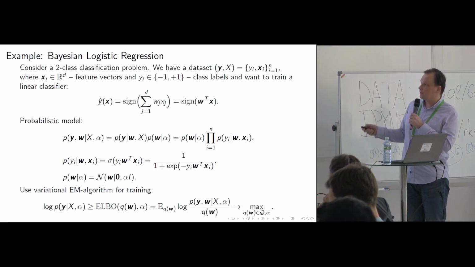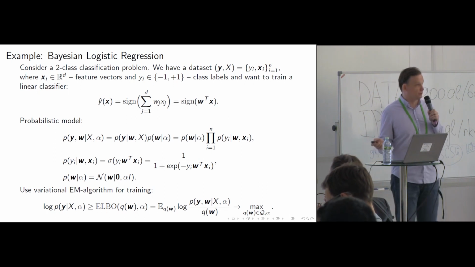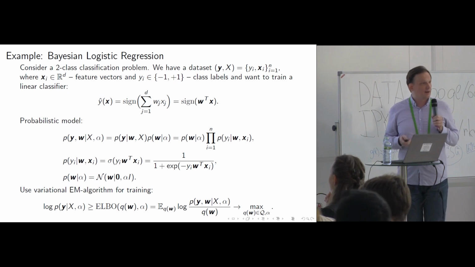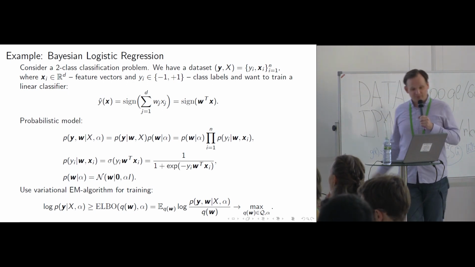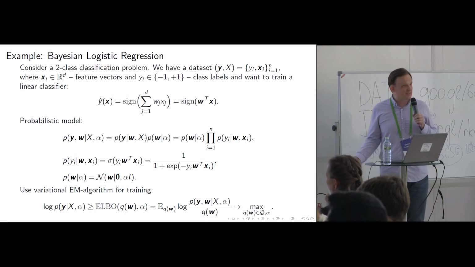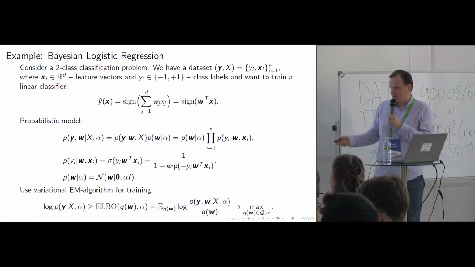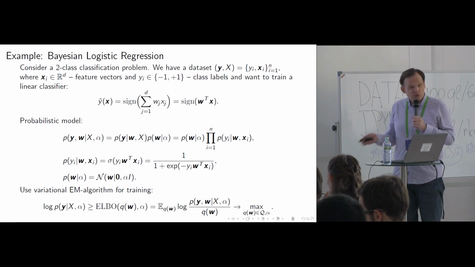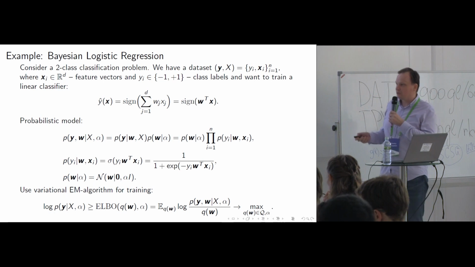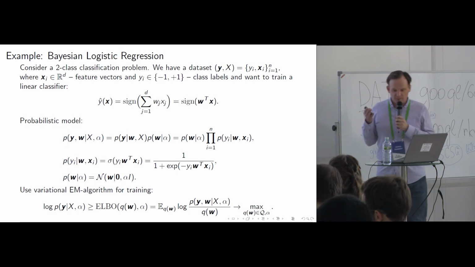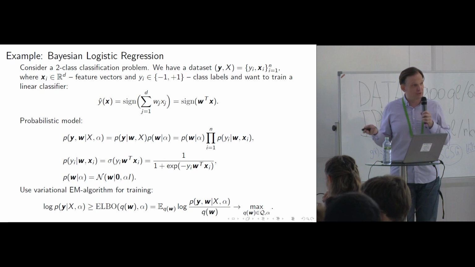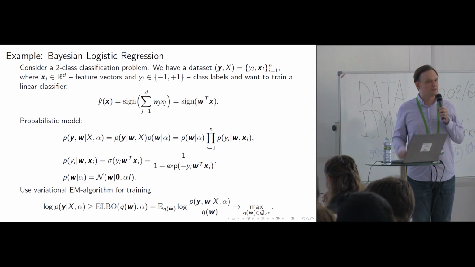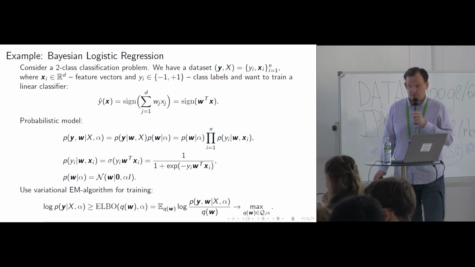And in this log joint, we have a log of a sigmoid function times some distribution over W. And you just can't calculate such kind of integrals in closed form, even if this Q of W would be a normal distribution. And also, this Q of W should be, in the ideal case, a posterior distribution. So it's not quite a reasonable assumption that all the components in this distribution are actually independent.